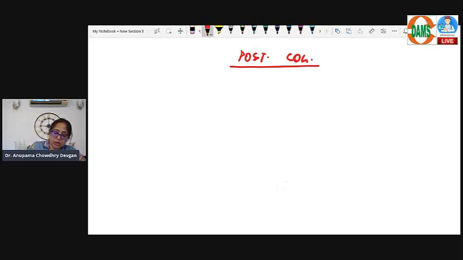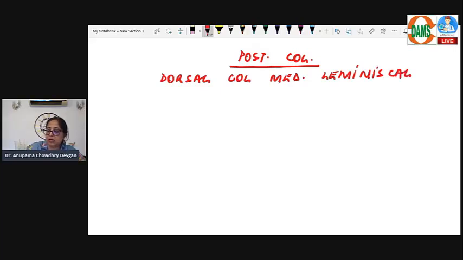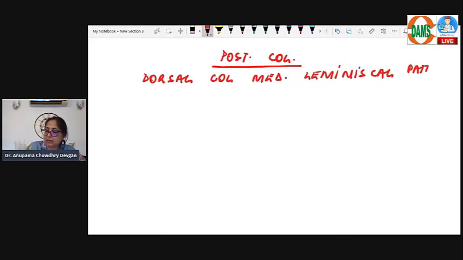The posterior column is also known as the dorsal column medial lemniscal pathway.